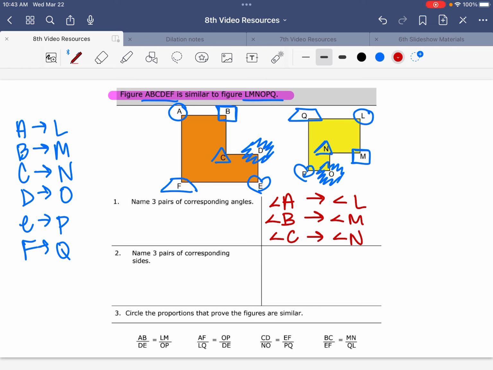So now we want to look at corresponding sides. If I look at side FA, right here, the side that's going to correspond to that is going to be between the circle and the trapezoid vertices. So that is side QL.